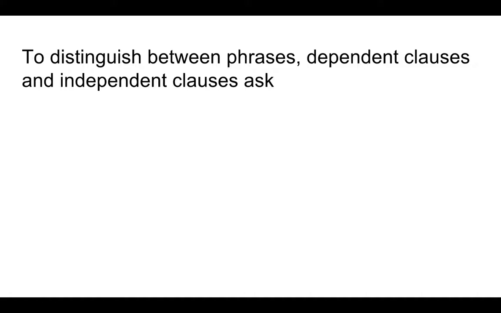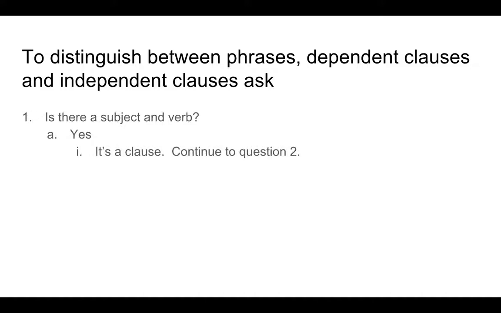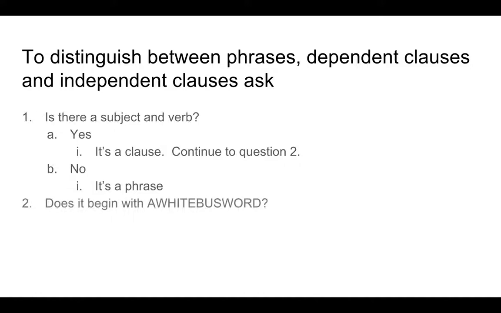So to distinguish between phrases, dependent clauses and independent clauses, you just need to ask yourself some questions. First, is there a subject and a verb? If the answer is yes, it's a clause, and you'll have to ask another question. If the answer is no, it's a phrase. And the next question: does it begin with a whiz bus word?